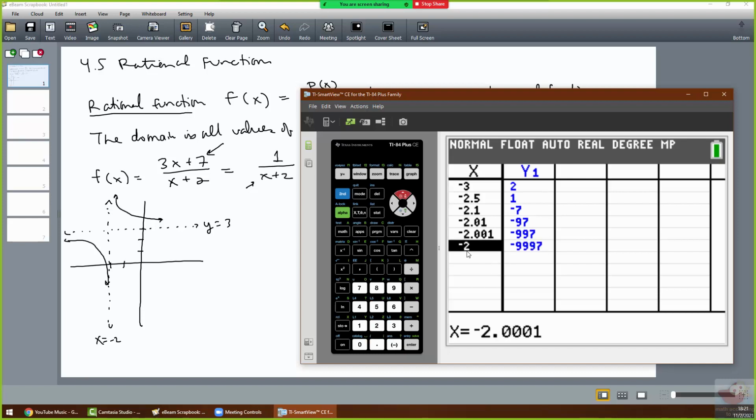Notice the calculator runs out of space here, so it didn't put the extra 0 there. But look at these y values: 2, 1, -7, -97, and so on. As x gets closer and closer to -2 on the left, what happens to the y values? Are they going somewhere?